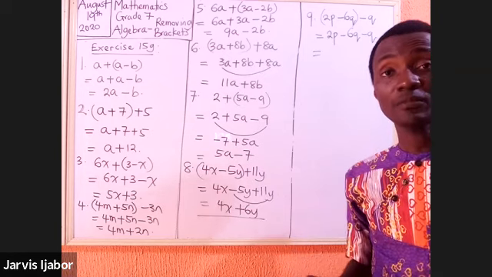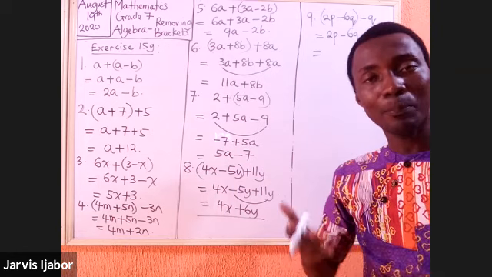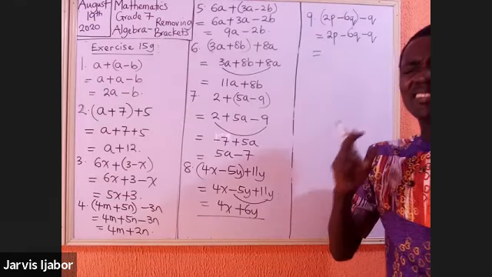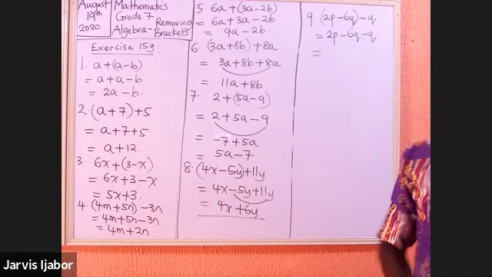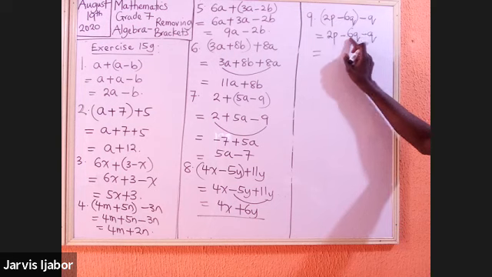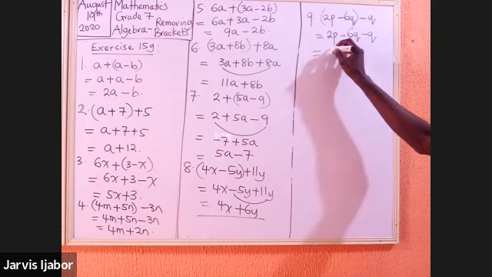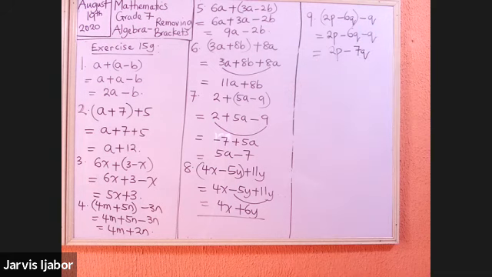Is that not so? But I'm going to introduce to you something a little more advanced. If the signs are the same, you are adding. If the signs are different, you are subtracting. So if you look at this, the signs are the same. This is negative, this is negative. So what do you do? You add them. So your answer becomes what? 2p minus what? 7q.